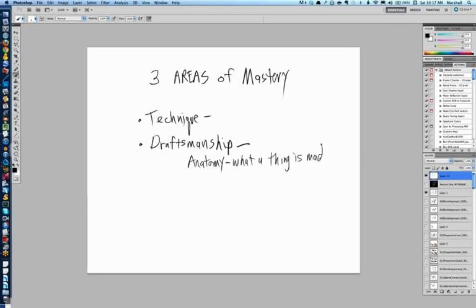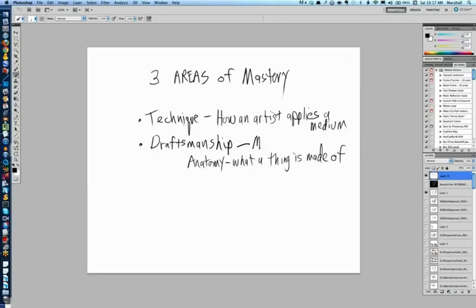Let me go back. Because we can take the time, we're going to spend 5 minutes on all of this. Technique is how an artist applies a medium. So, of course, digital media have different techniques than traditional media.